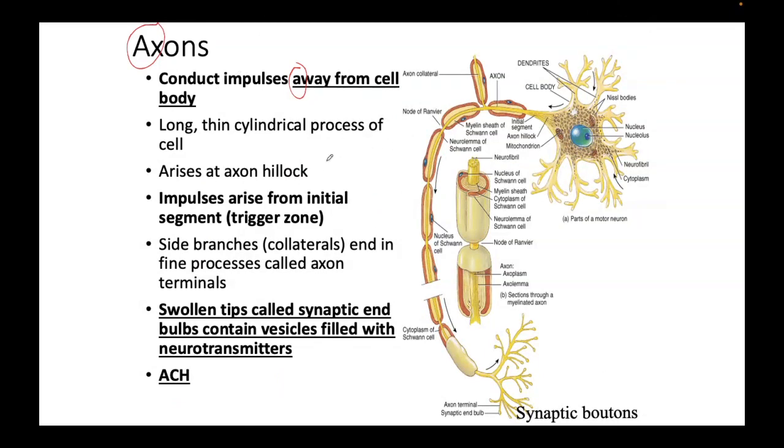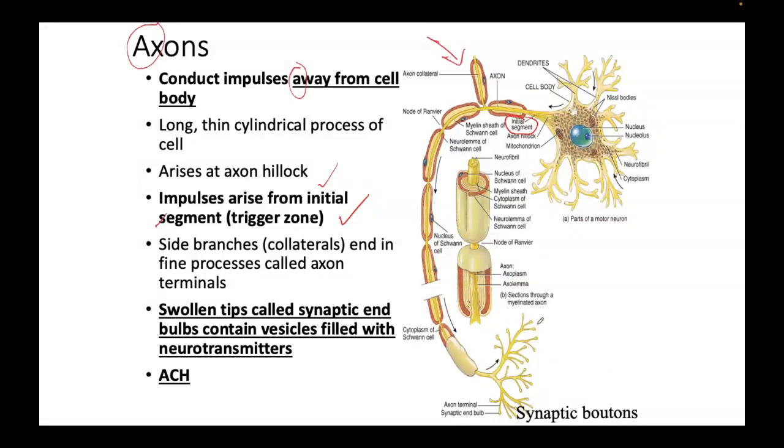Okay? We spoke about the impulses that arise from the initial segment, also known as the trigger zone. The initial segment is that trigger zone, which is adjacent to the axon hillock. And then we have these axon collaterals, which are just like perpendicular to this axon is another branch. So it's called a collateral. That's all.